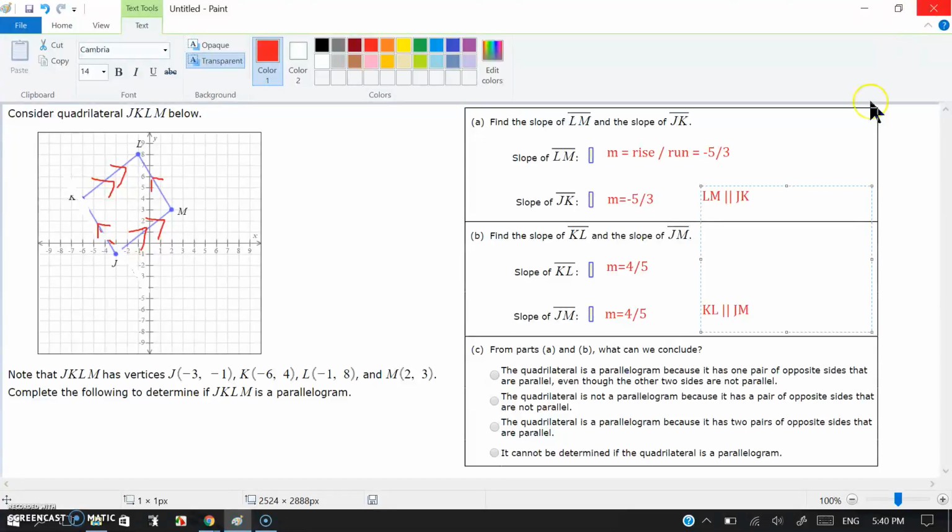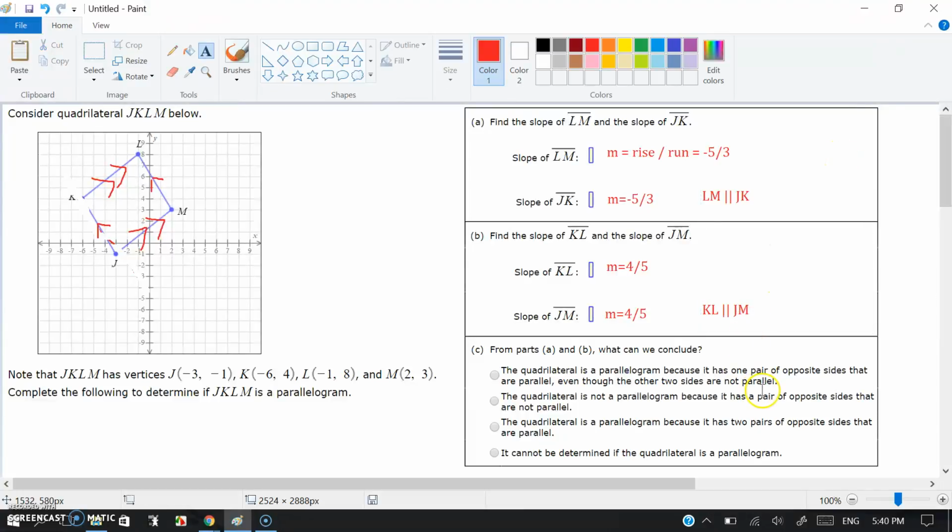Okay? Now, we are almost done here. Part C, what can we conclude? If you read the descriptions carefully, we know that it's going to be a parallelogram. So I can choose either this one or that one. Right? I can choose those two. So let's take a look.